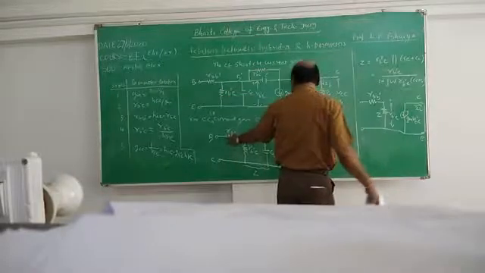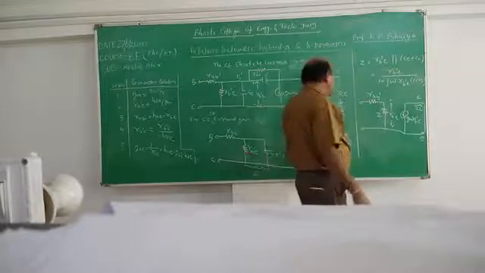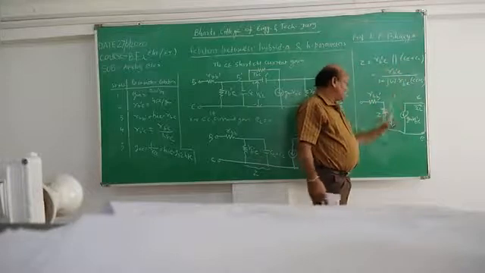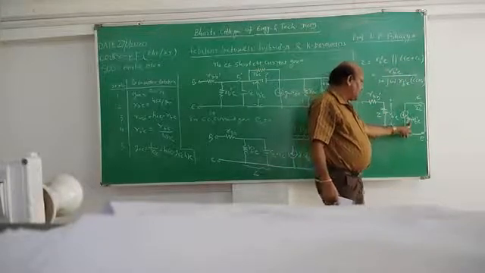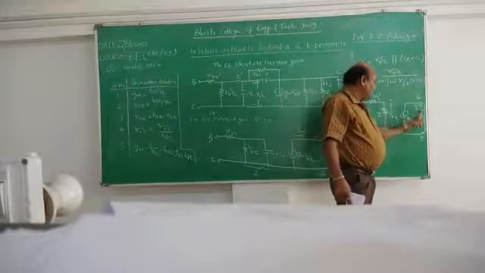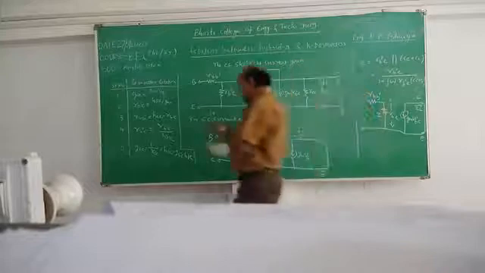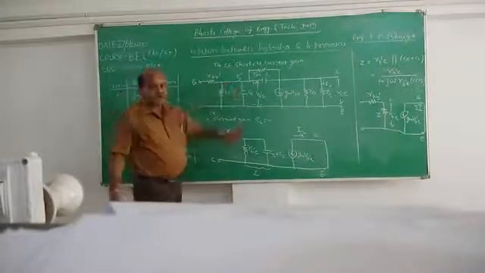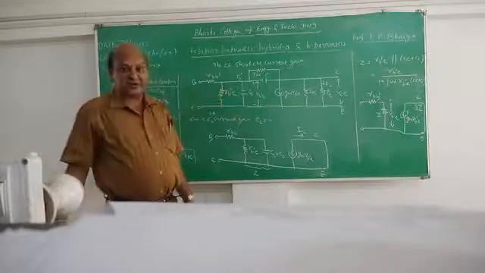This is the RBB', and in place of these two components I will use this impedance Z, the parallel combination of the two. So here we have Z, VB'E, the current source gm into VB'E, this is IL, and this is the short circuit connection. This is the actual diagram which we have taken for the short circuit current gain.